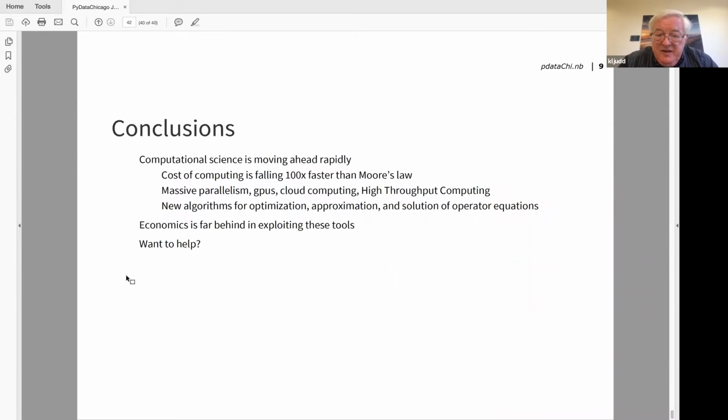Computational science is moving ahead very rapidly. One thing I plotted out for another presentation was, we all know about Moore's law. Speed is increasing, doubling every 2 years. What's amazing is that the cost of a gigaflop is falling more rapidly than that.